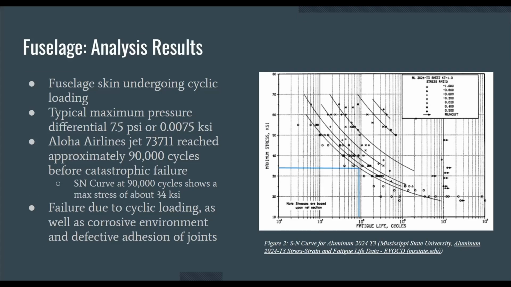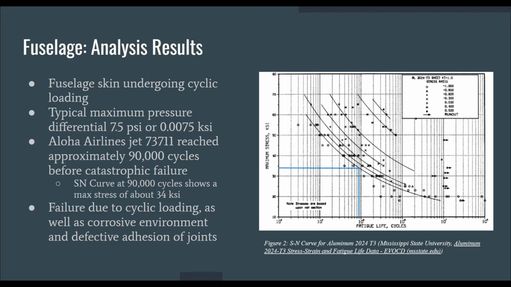Typical maximum pressure differential between the inside and outside of the cabin at cruising altitude is about 7.5 psi or 0.007 ksi. From the SN curve for aluminum 2024 T3 shown below, that loading is under the curve for all data represented.